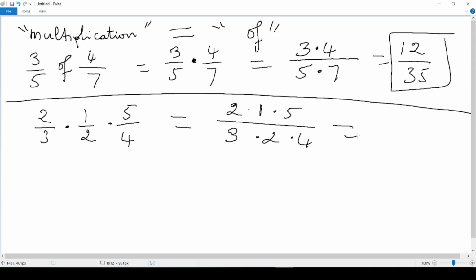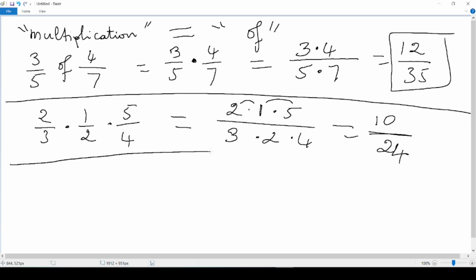So 2 times 1 is 2, and 2 times 5 is 10. So the top gives me 10 and the bottom gives me 3 times 2, 6, and 6 times 4 is 24.